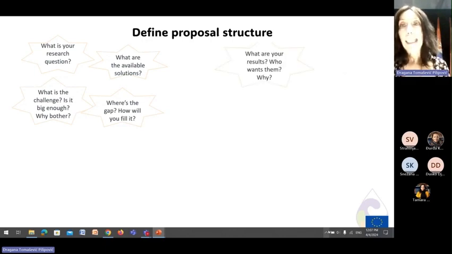Right. Then, of course, you have to define your results. And especially who wants them. If nobody wants your result, your proposal is useless. And it's up to you to find people that need your result, right? So I call them the lead users, which is not exactly the Commission terminology, but in other contexts, they are called lead users.